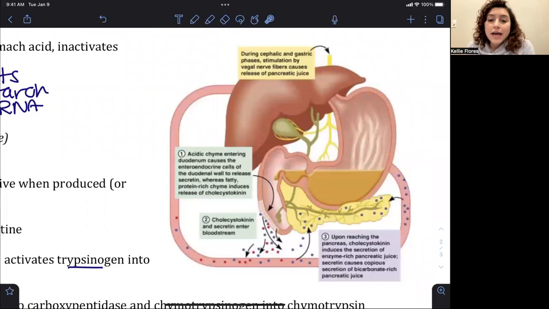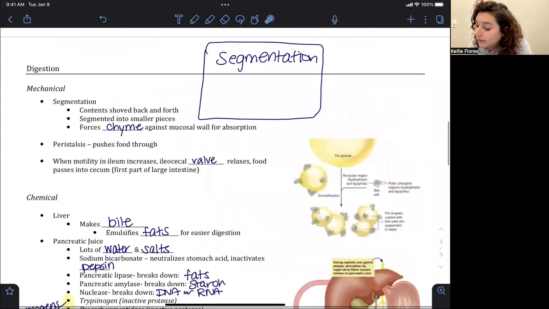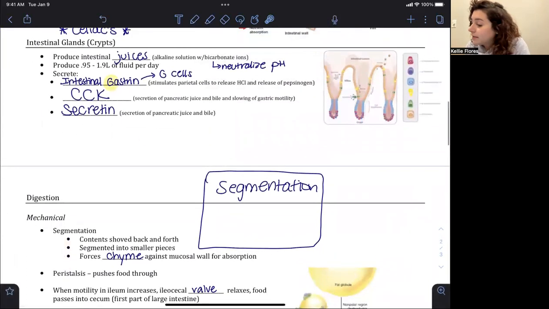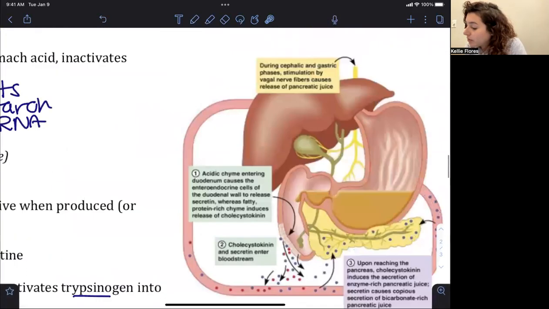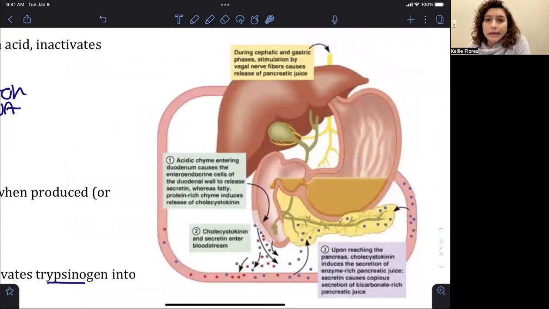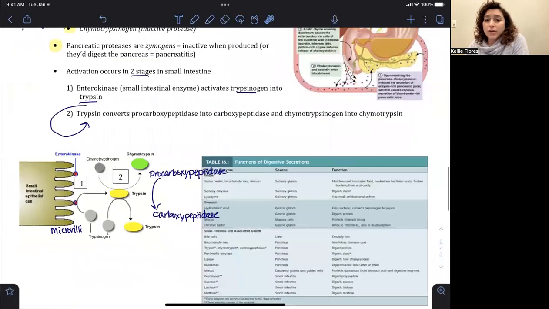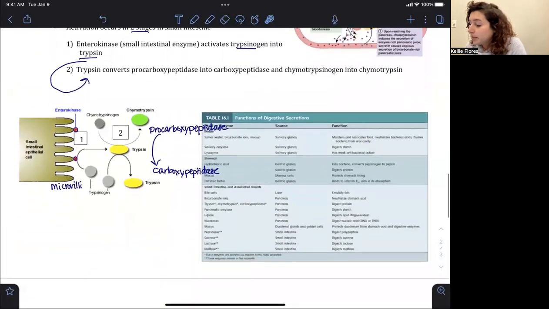And so that will help with some of the hormones like secretin and cholecystokinin, which I mentioned earlier up here. These three. Okay. So this picture is just showing you that everything's kind of related and it all works together so that you can have a properly functioning digestive system.